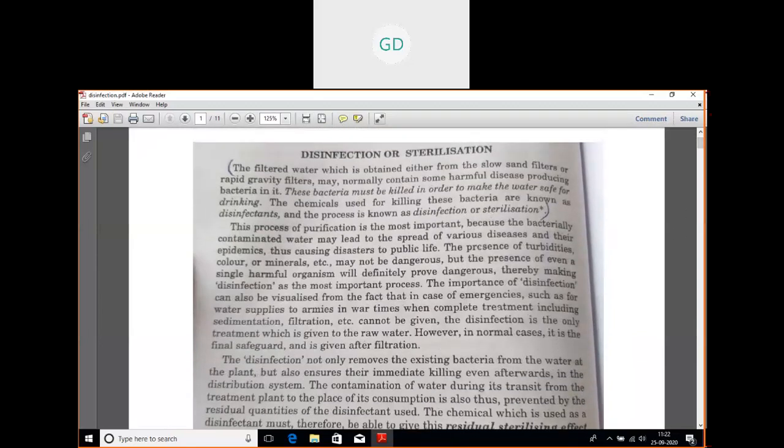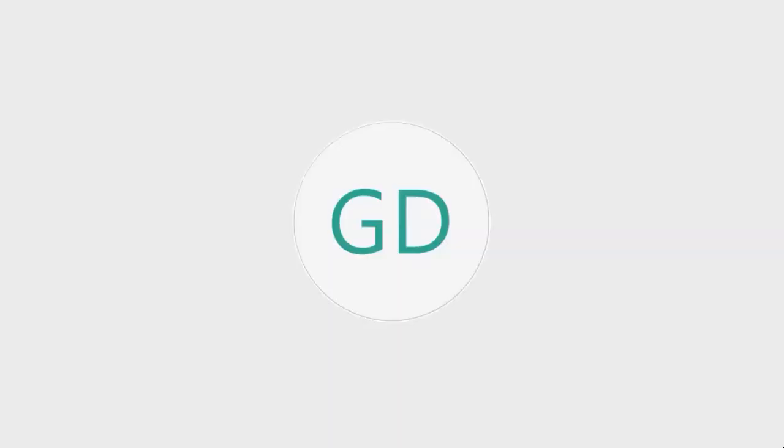Okay, so filtration was done, and we have already discussed why filtration needs to be done. By the process of filtration, you kill the pathogenic bacteria, isn't it? You use rapid gravity sand filters in order to kill the bacteria.